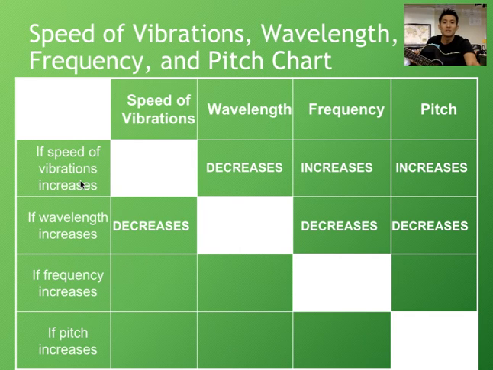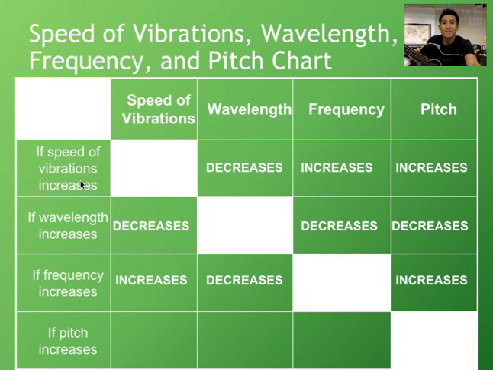If the frequency increases, what happens to the speed of vibrations? If I make the pitch higher, frequency increases, my speed of vibrations is going to increase. My wavelength, opposite of frequency, decreases. And my pitch, which is the same as frequency, is going to increase.